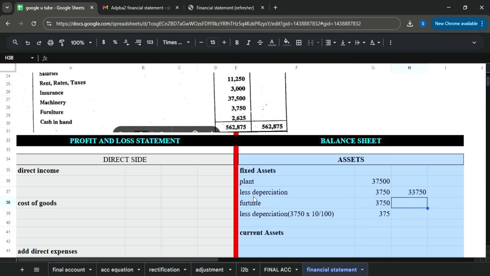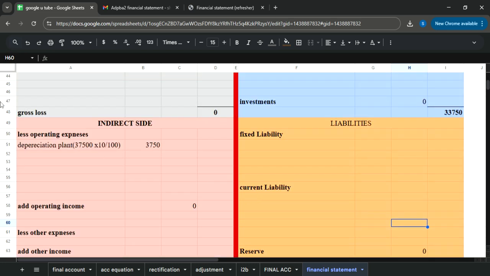Now you will get the final and net amount. 3750 was the amount of furniture at the start, and you will subtract depreciation 375, and the final amount you have got is 3375. Now its second effect is completed. You will come over here and write its first effect.